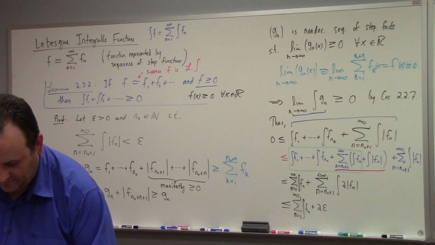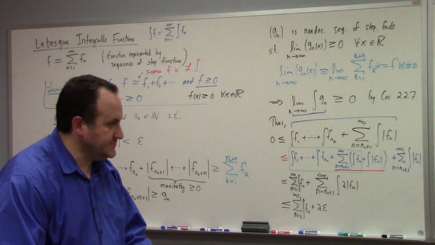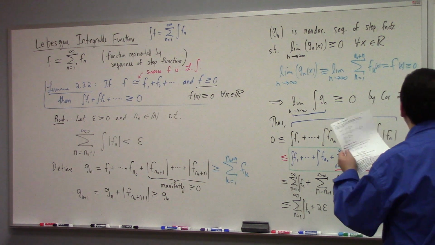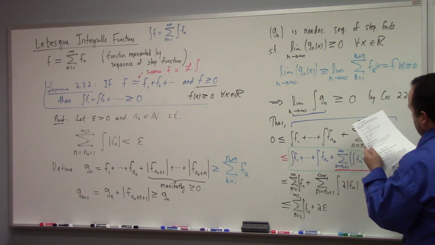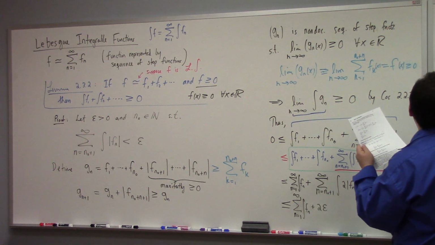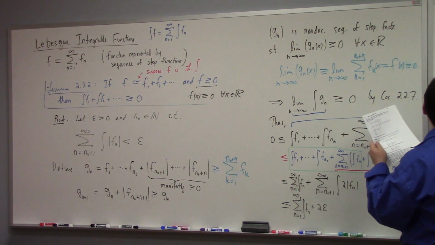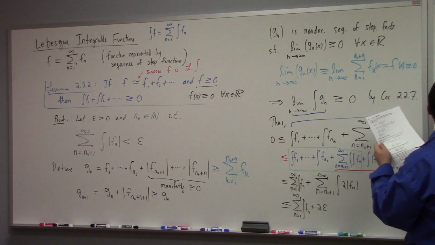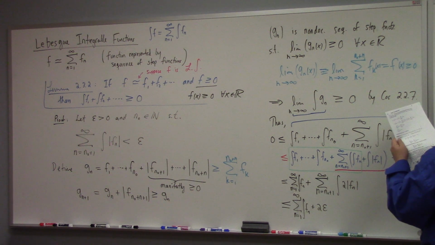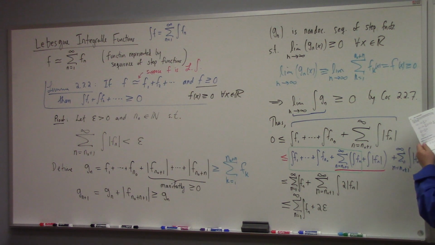All right, so I think the next one is perhaps more interesting. So the next one is corollary 2.33, which says that if f is represented, I'm just using the term represented, by this series of step functions, of course, Fn, and f is also represented by another sequence of step functions.